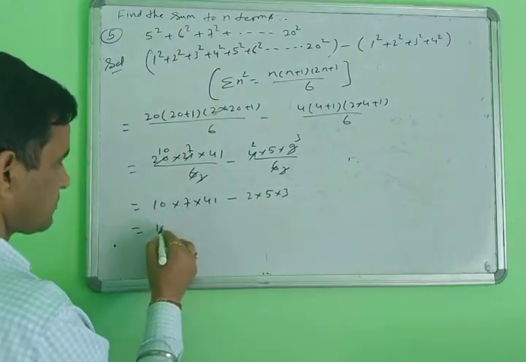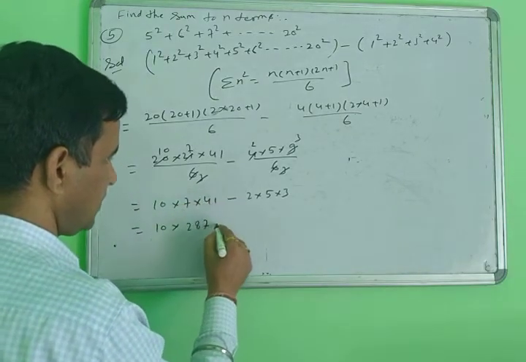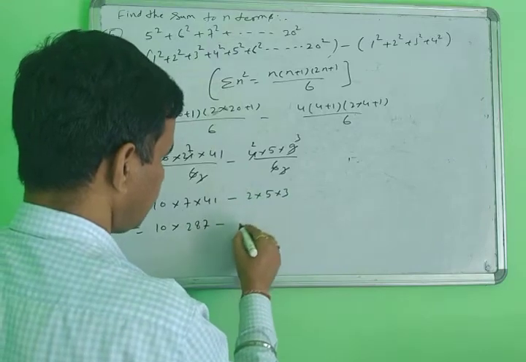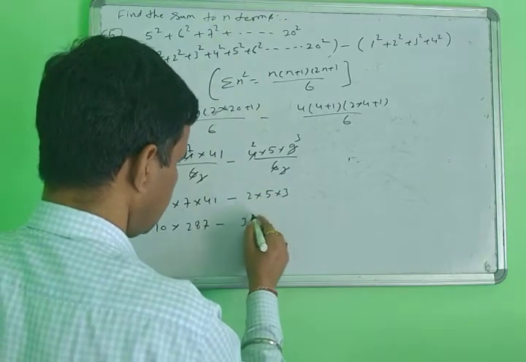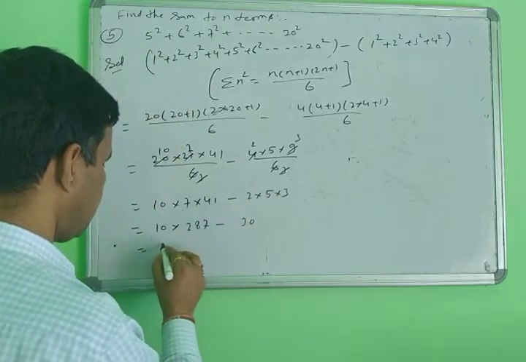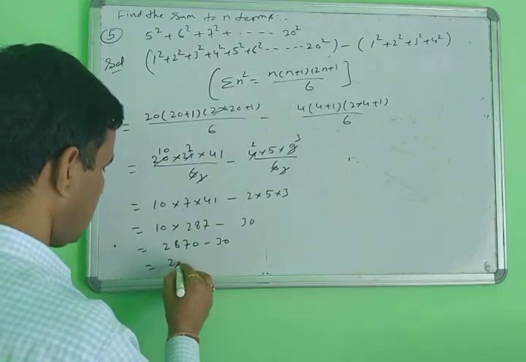So 10 into 7 is 70, 70 times 41 is 2870, and here 3 times 2 is 6, 6 times 5 is 30. And again you multiply: 2870 minus 30. What is left here?